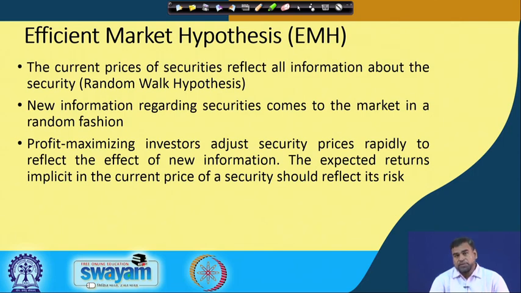Then the equilibrium price will be established very fast, and anybody who gets that price can be sure it reflects all the information coming to the market about that security. That means the market is conducive to gathering all this information, which is reflected in the prices so fast and adjusted to the risk.